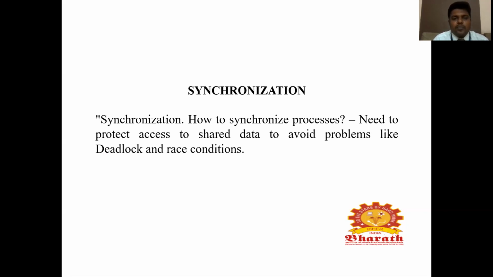When it comes to parallel programming, synchronization is a typical problem that arises. How to synchronize processes, need to protect access to the shared data. Processors will access resources.